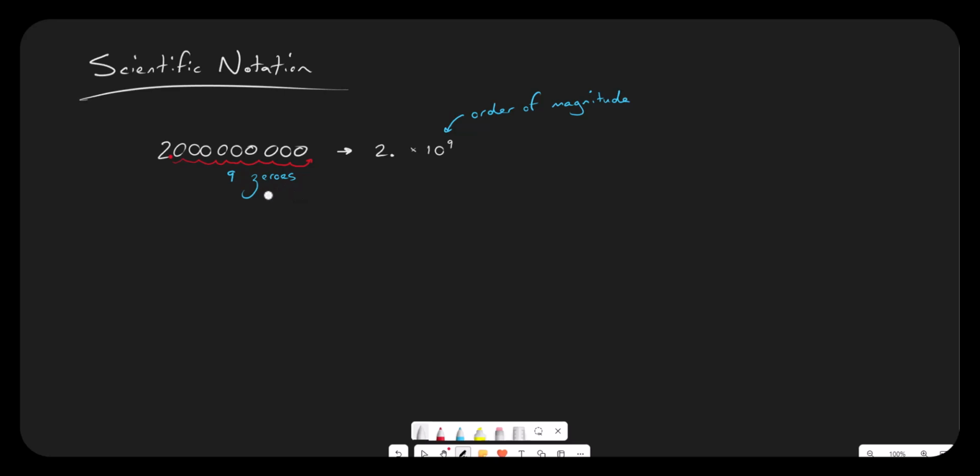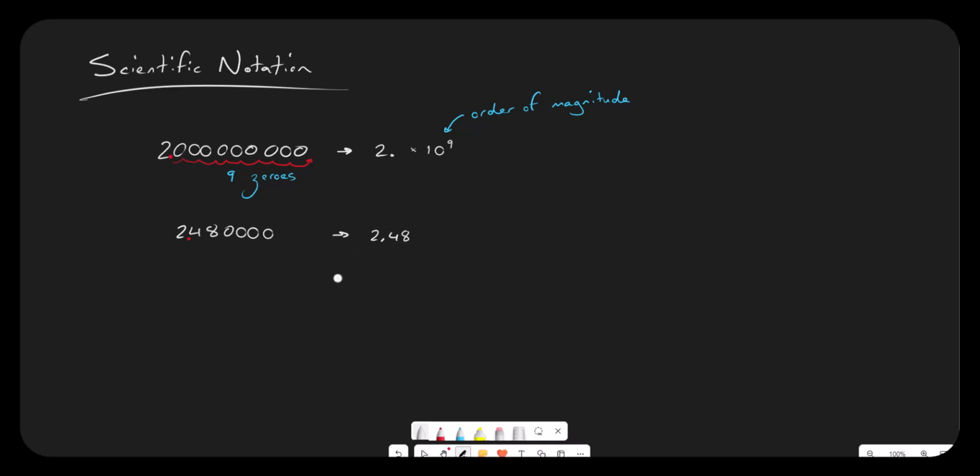I'm going to do a couple more of these. So maybe I've got a number like this, 2, 4, 8, 0, 0, 0, 0. I'm going to put a decimal in the location that makes my number be between 1 and 10. So I have one spot before the decimal, which is right here. 2.48.